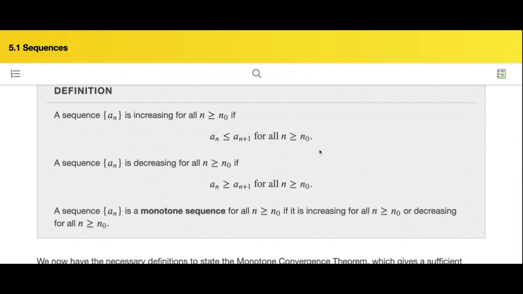It means we can ignore the previous terms. A sequence is always in order, except an alternating sequence. If it's an alternating sequence, the negative ones are in order and the positive ones are in order. So n greater than or equal to a certain capital N means we can ignore the previous terms.